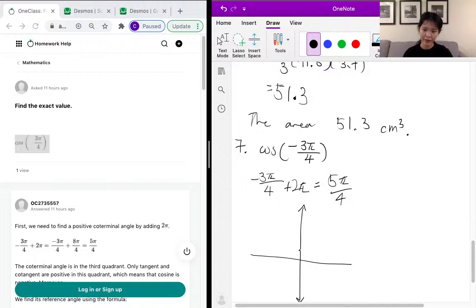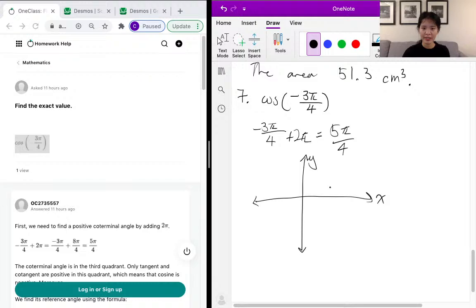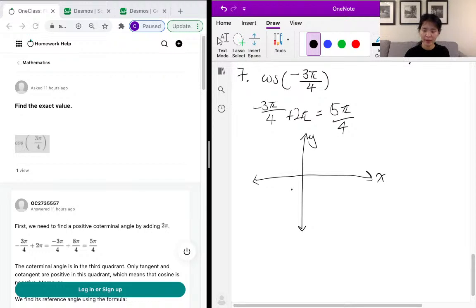And let's actually plot 5 pi over 4 on our unit circle. So we know that 5 pi over 4 is larger than pi, because the numerator of this fraction is larger than the denominator, which means the fraction is more than 1, so it's more than 1 pi.